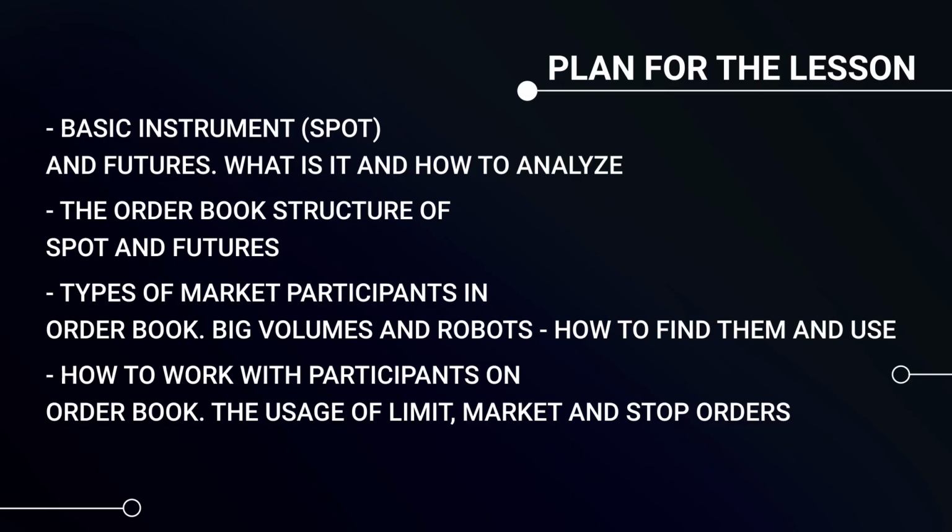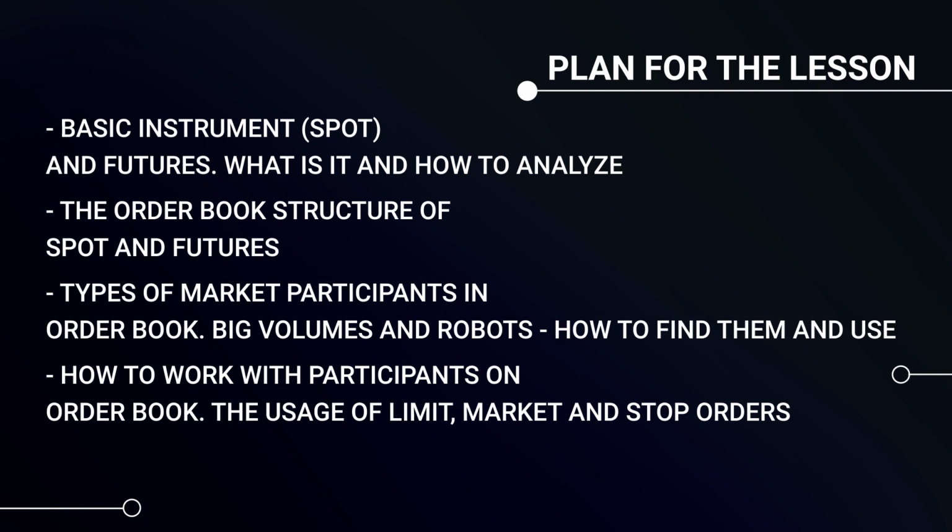So here's our little plan for today's lesson. As I mentioned, first some things before the lesson. Then we're going to discuss what a basic instrument is, so the spot instrument and the futures instrument, what they are and how to analyze them. Then we're going to talk about the order book structure on the spot and on the futures.